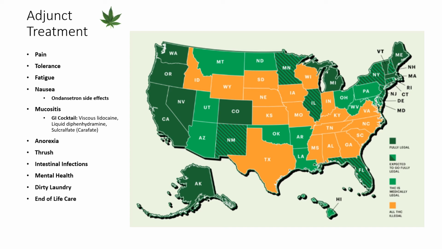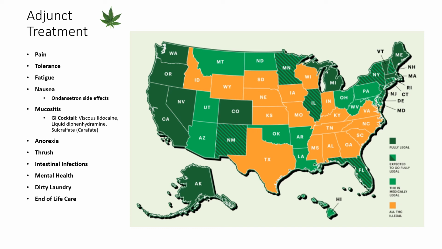And we don't tend to get too worried about addiction when we're dealing with cancer pain, okay? It's really a matter of getting the pain under control. It's real pain that needs to be addressed with an opioid, a narcotic often.